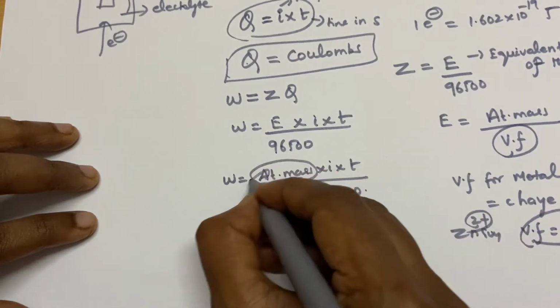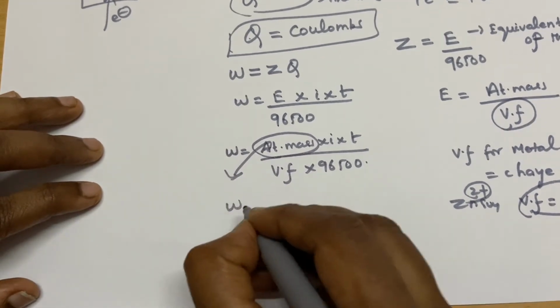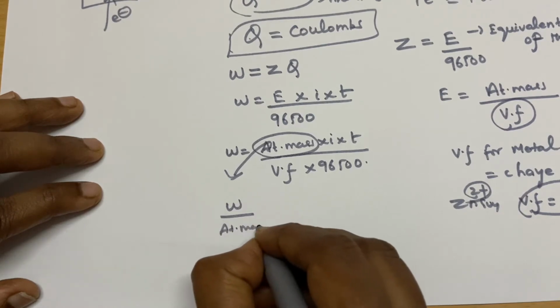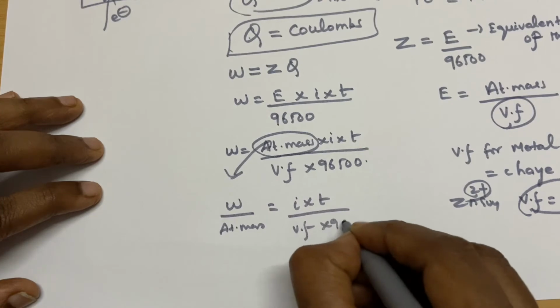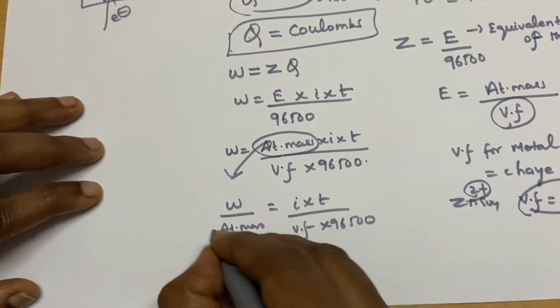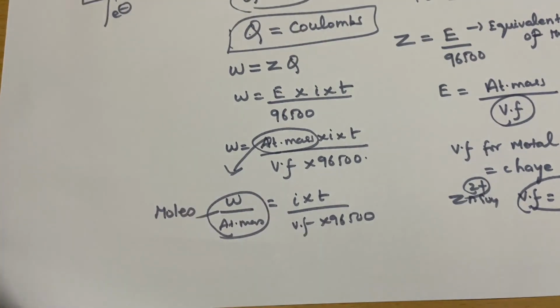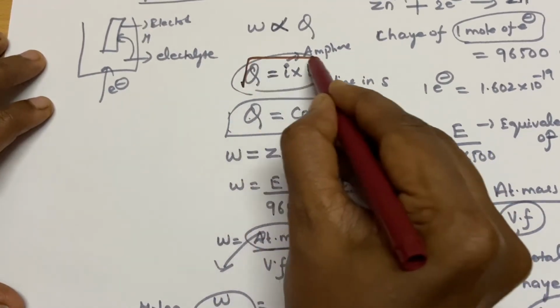See, suppose I bring this weight divided by atomic mass or weight divided by molecular mass, what is it? It is nothing but the number of moles, isn't it? So you see how many equations you have. You may be using this equation for sure.